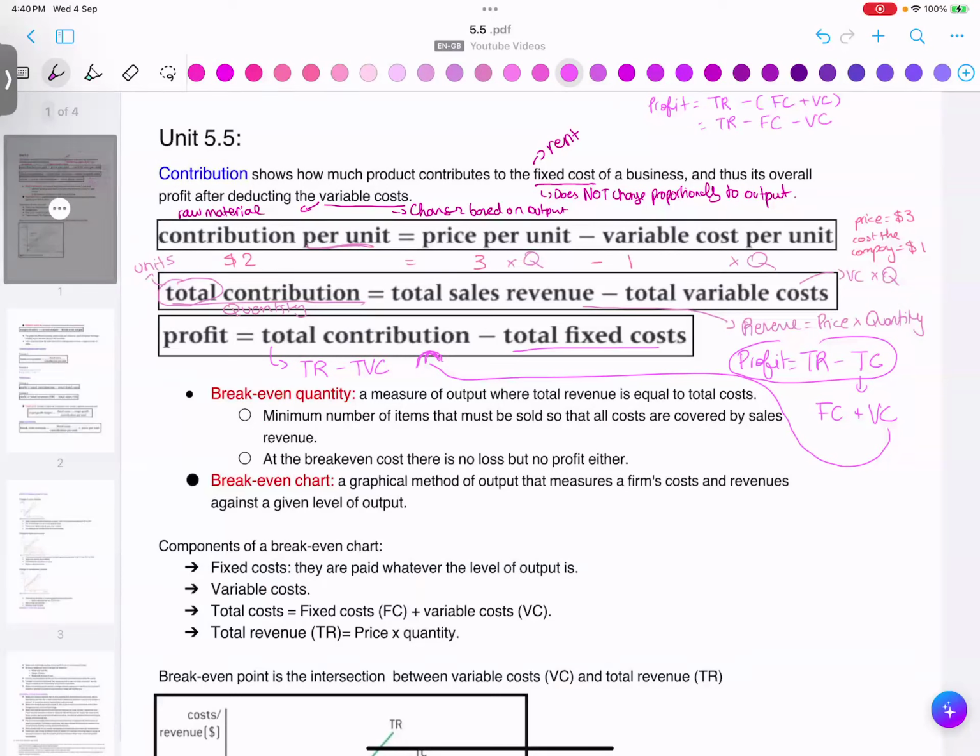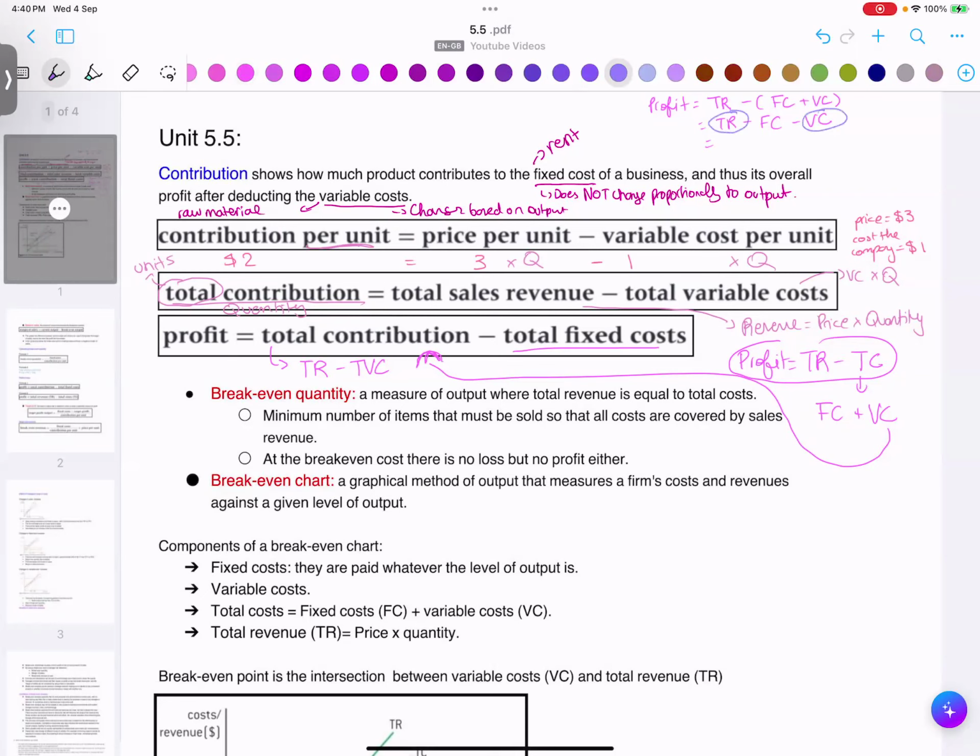But if we already subtract variable cost from total revenue, these two give us total contribution. So what we have left is minus fixed cost. That's it. It's total fixed cost if you want, but that's really it. I hope you got it when I explained that again.